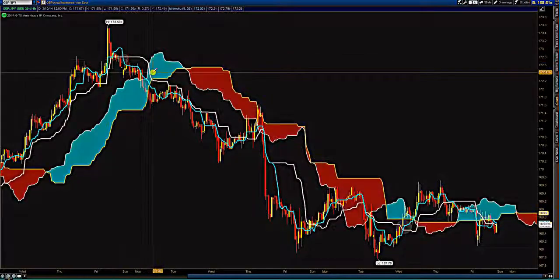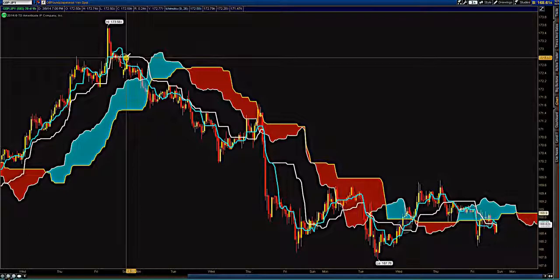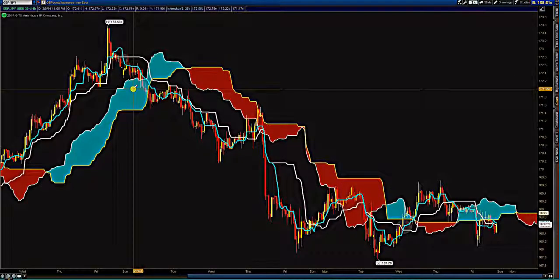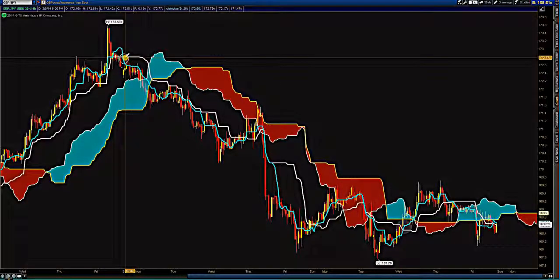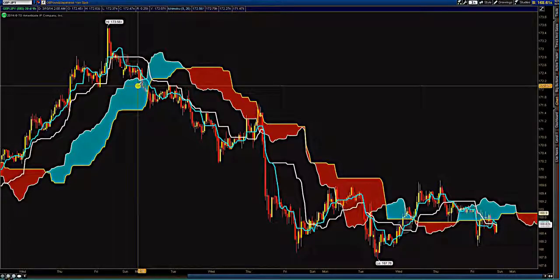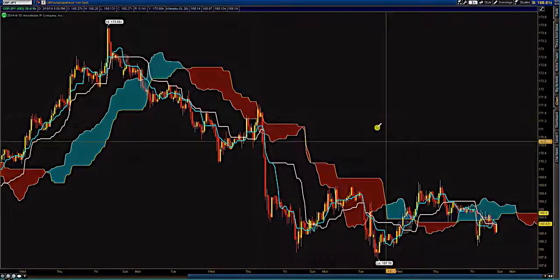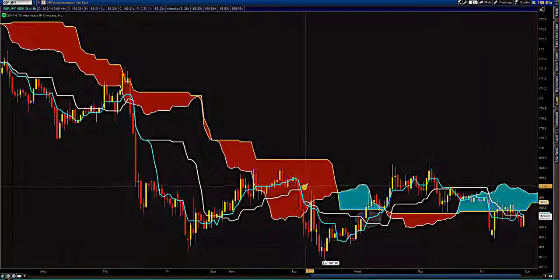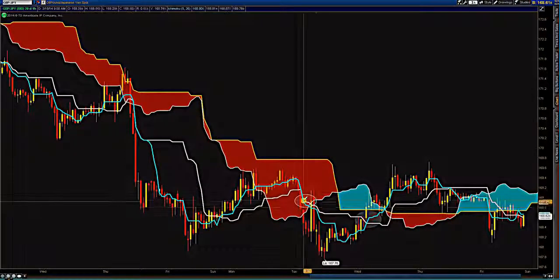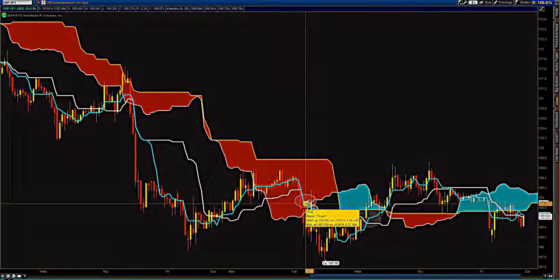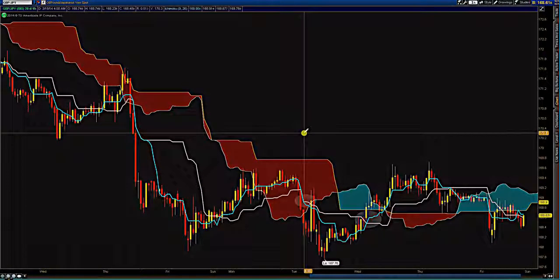A medium cross is when the crossover occurs within the cloud. In this case, a medium cross will be right here, where the Tenkan crosses below the Kijun within the cloud. That's a medium cross because the components did not cross above the cloud, rather within the cloud.